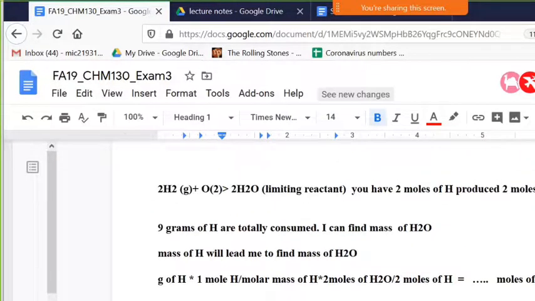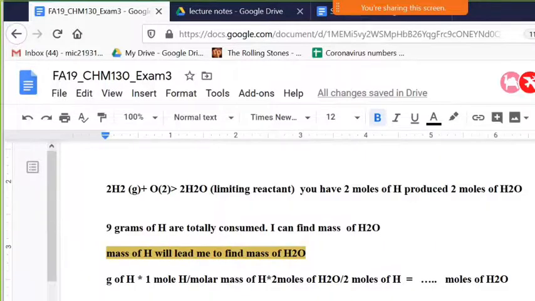The typed out explanation: so mass of hydrogen will lead me to find the mass of H2O. I'm going to object to that phrasing. It's not that it's wrong, but I feel it's misleading.